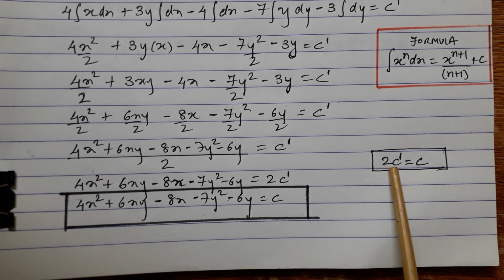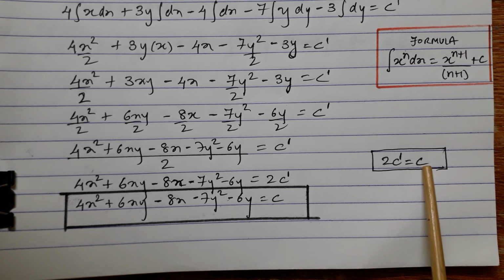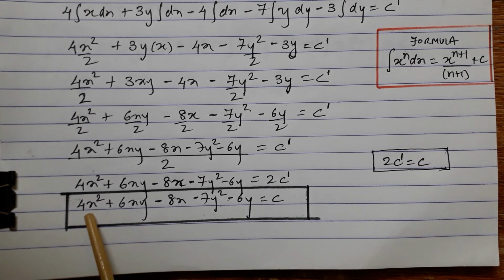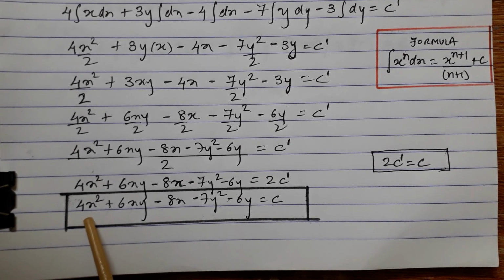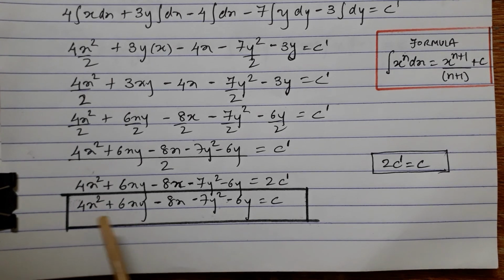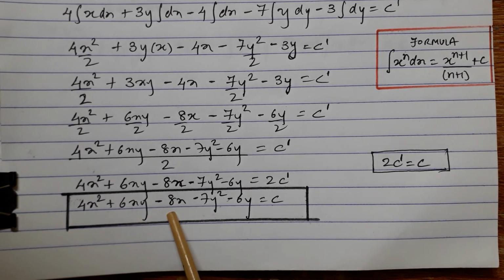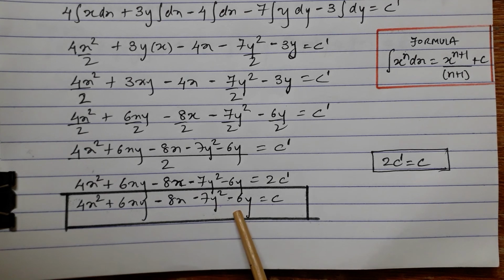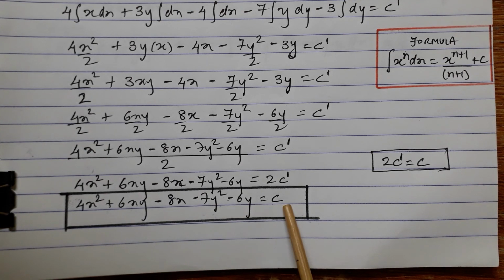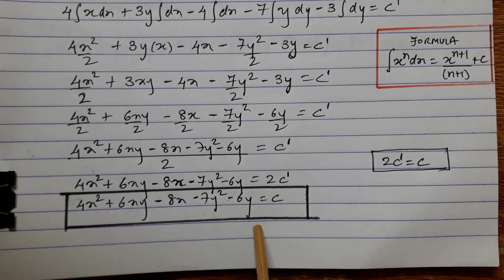And rewriting 2c dash as c, that is some constant c, we can write this as 4x² + 6xy - 8x - 7y² - 6y = c. And this is the required solution of our given differential equation.